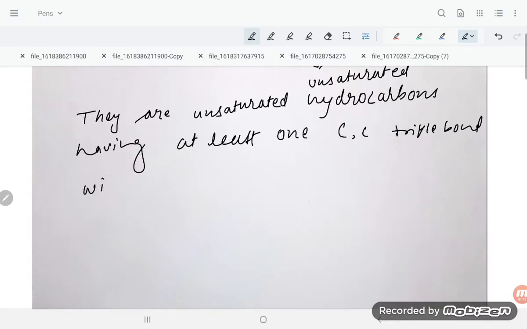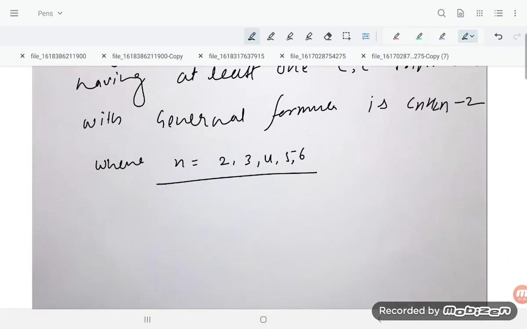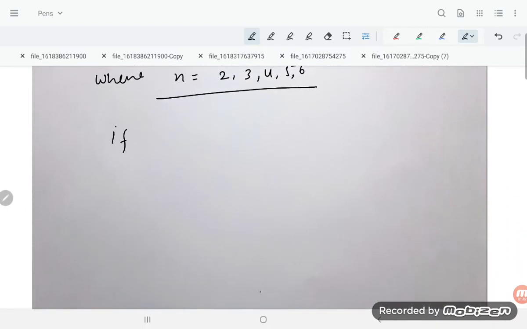With general formula, if you are calculating, what we will find is their general formula is CnH2n minus 2, where n is equal to 2, 3, 4, 5, 6, whatever you can put. Now, students, we are going to check an example.